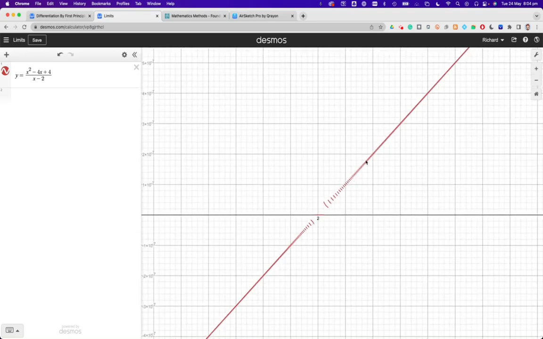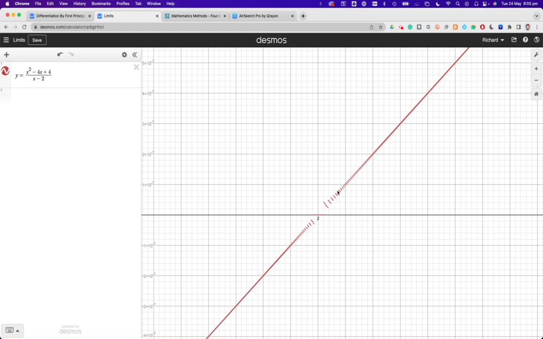It's like a Doppler effect or something here at x equals 2. And the reason why is pretty simple. The function is not actually defined at x equals 2. It looks like it is when you zoom all the way out, but I've had to go to 1 point and then 7 zeros, 1. I've had to zoom in that far so you can see it, but there is definitely a hole in this graph.